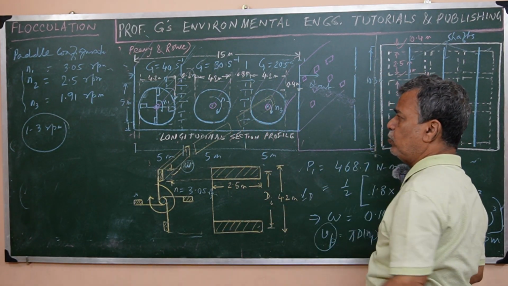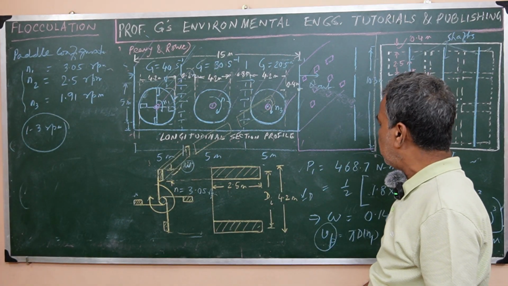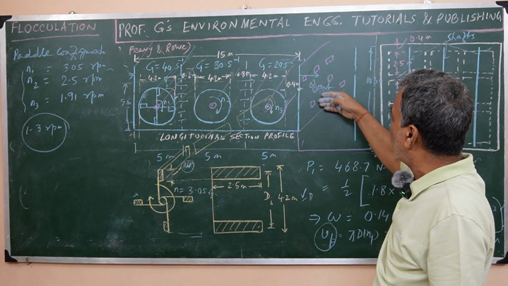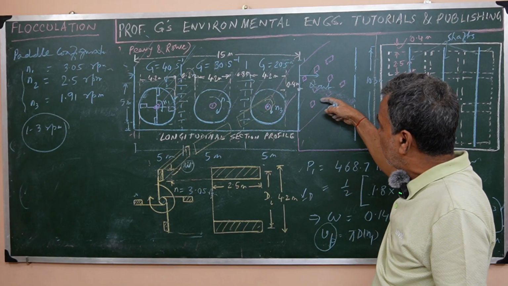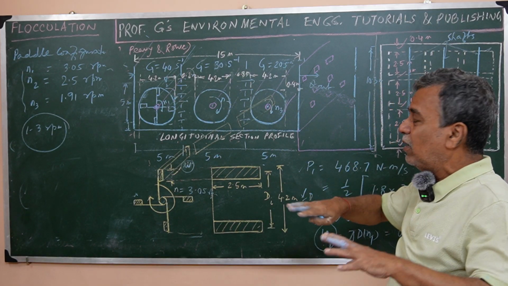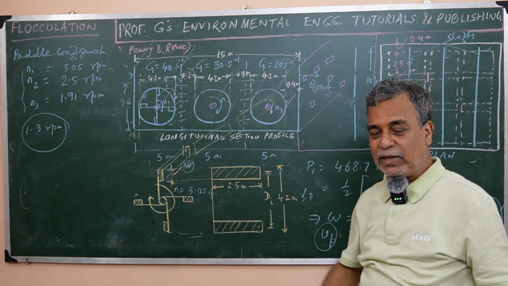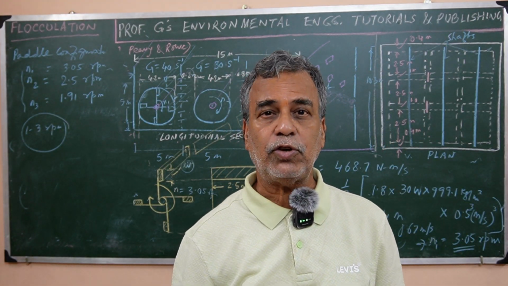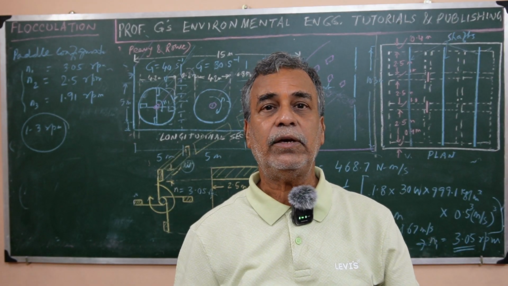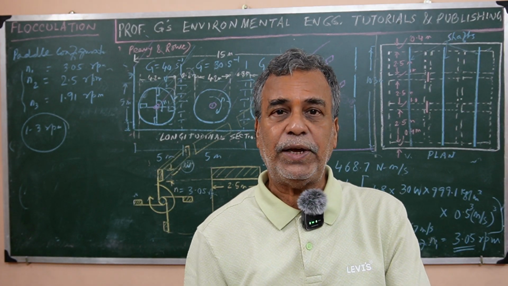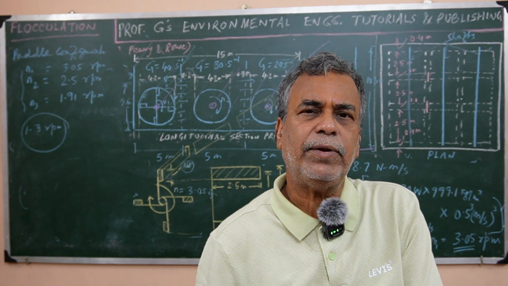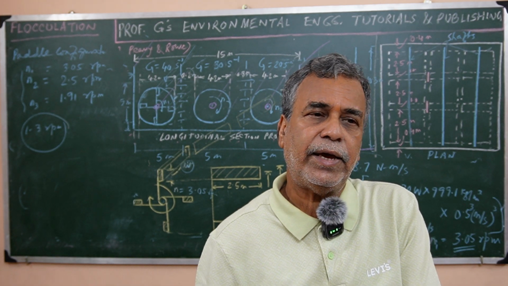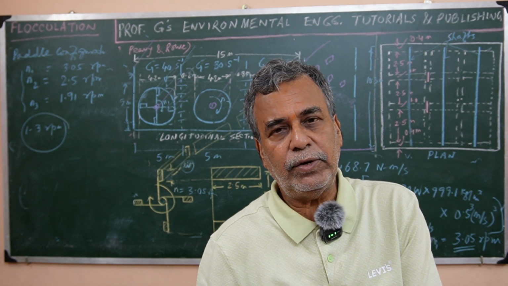I am not detailing this because at this stage you don't require it, the perforation size, because these are in the more detailed design of the flocculation basin. So we should conclude here, with the hope that you have more or less got an idea.